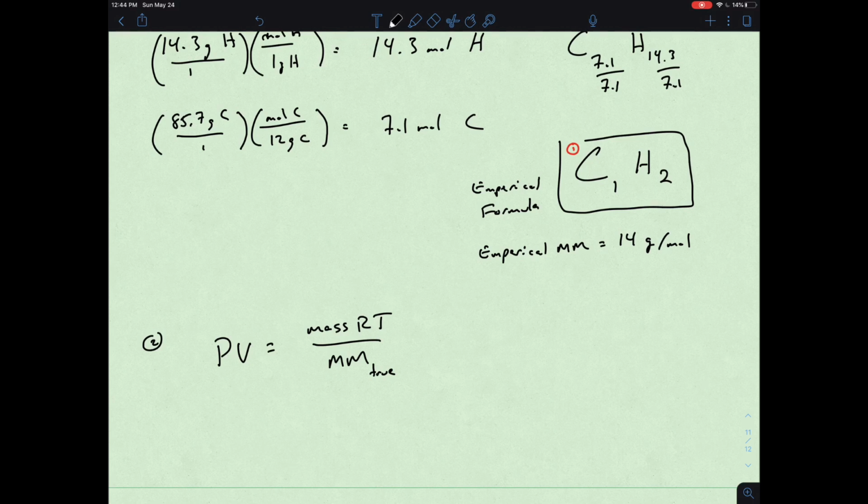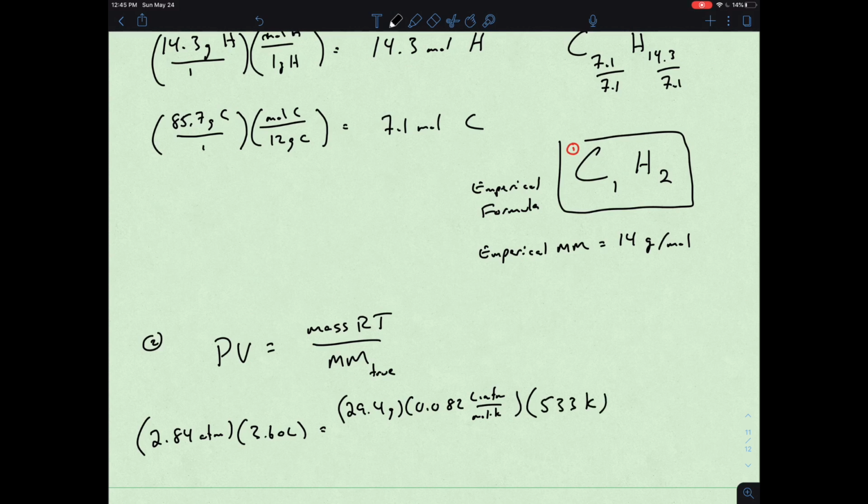So if we start to plug our values in, we have our pressure of 2.84 atmospheres, our volume of 3.6 liters, our mass of 29.4 grams, our ideal gas law constant, and then our temperature, which would be 533 Kelvin.